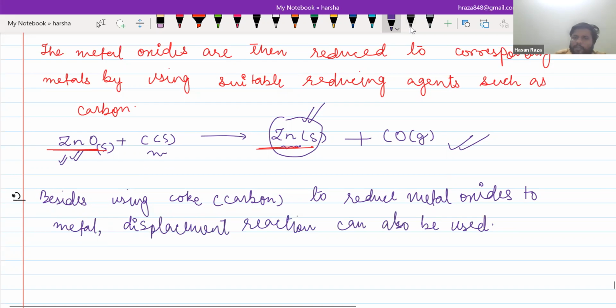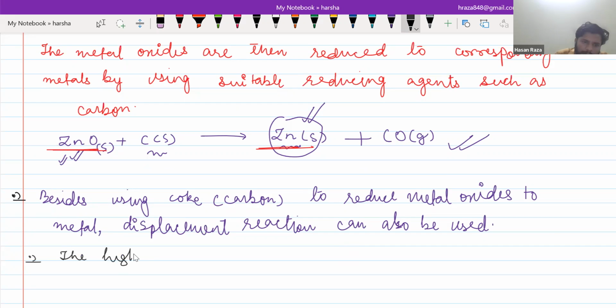So it's very easy to understand. When a more reactive metal reacts with the oxide of a medium reactive metal, it will displace the medium reactive metal from its oxide. So how are we going to reduce it?